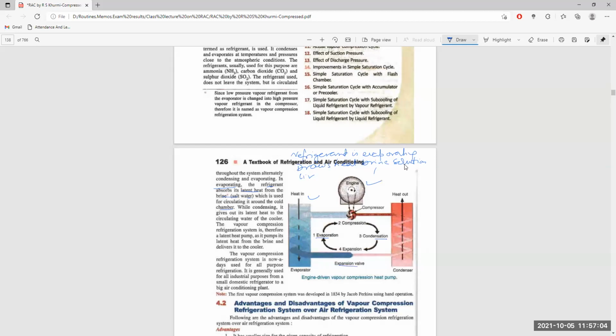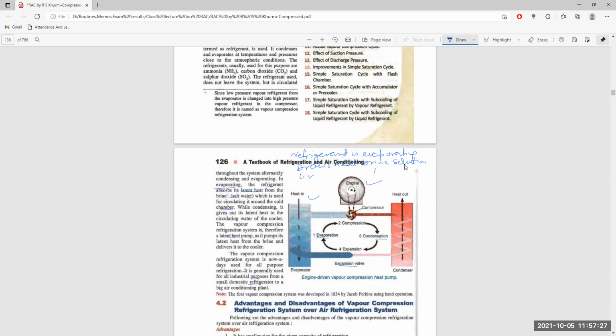The vapor system is nowadays used for all-purpose refrigeration and is generally used for industrial and domestic purposes. It is thus a latent heat pump where only latent heats are used. Latent heat itself is used for removing heat from the cooling chamber and releasing it to the surrounding atmosphere.